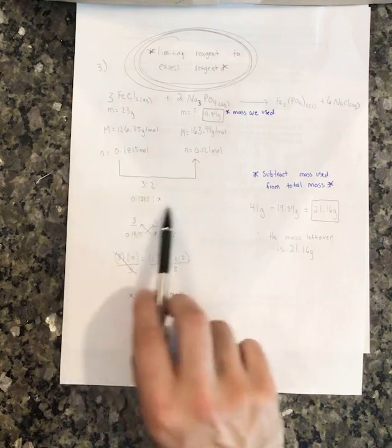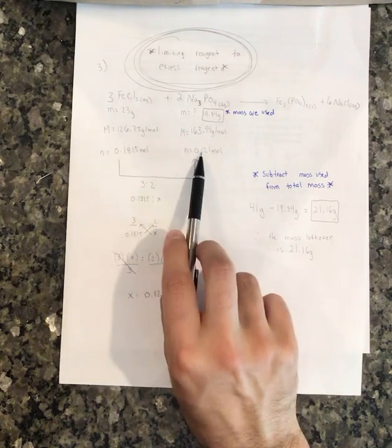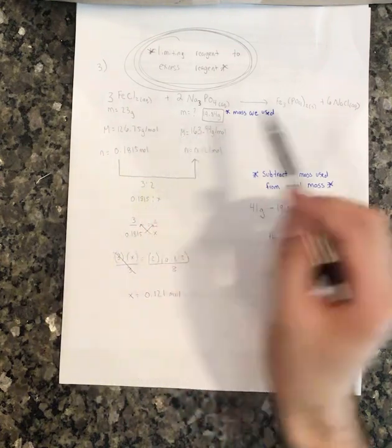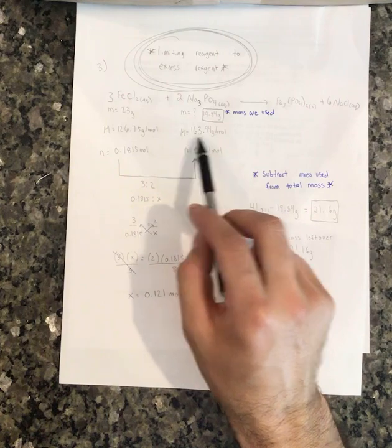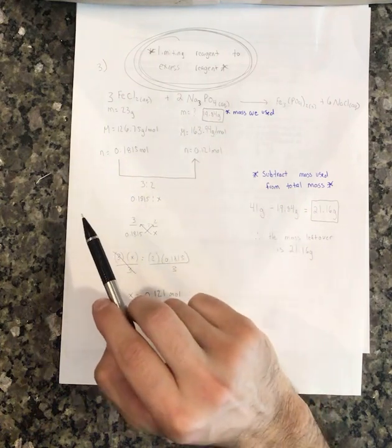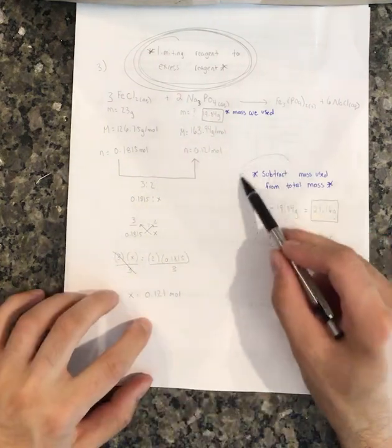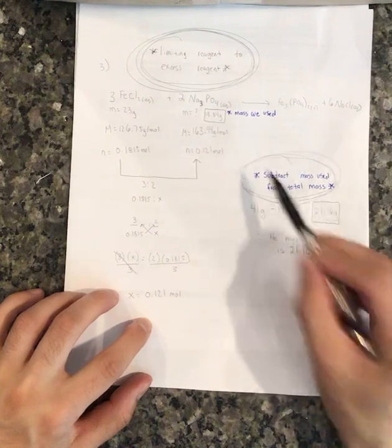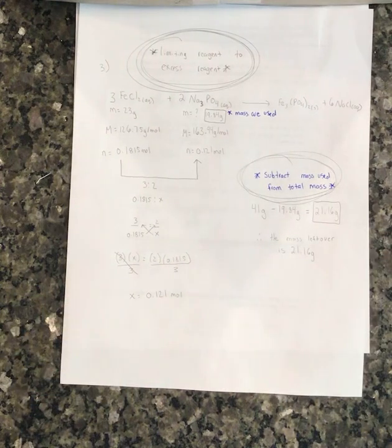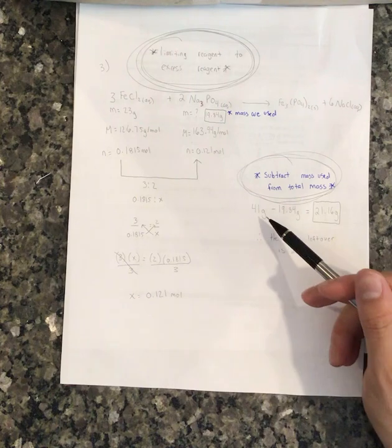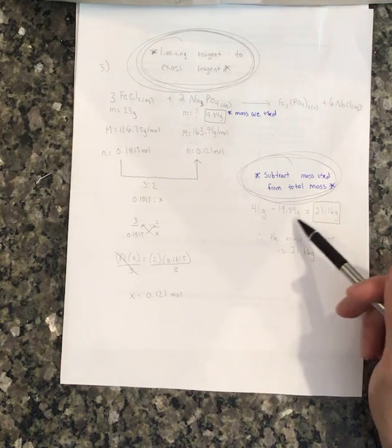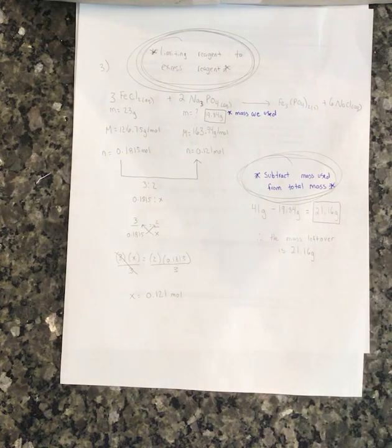This time it's a 3:2 ratio. You find your moles. The molar mass stays the same, so you don't even have to calculate any more molar mass, and you find your mass. Then the last step is this one here. You subtract your mass used from your total mass. Our total mass is 41 grams, and we're subtracting what we used. What we have left over is the mass left over.